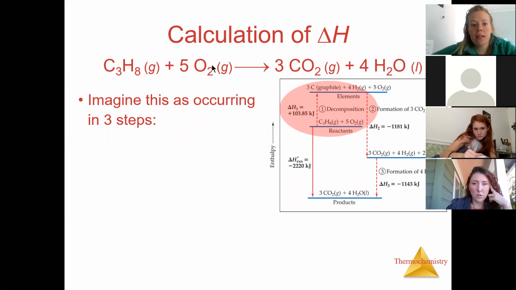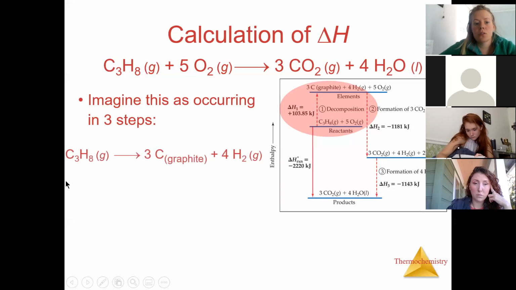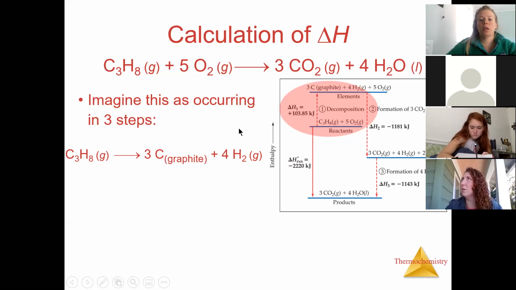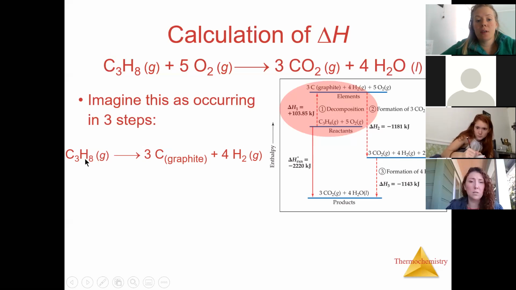So I have my initial reactants sitting here, and we're going to break those down or decompose those into carbon, hydrogen, and oxygen. So we've taken the propane and we've broken it down. So we wouldn't use the heat of formation of this. It would actually be the reverse, right?